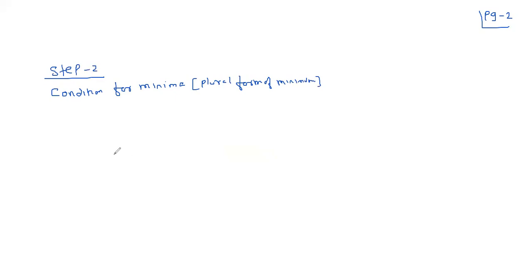Let us imagine the situation like this. From A and B, waves are coming from A. Imagine like this: 1 lambda, 2 lambda, 3 lambda, 4 lambda. From B also waves are coming. Assume 1 lambda, 2 lambda, 3 lambda, 4 lambda, 5 lambda.